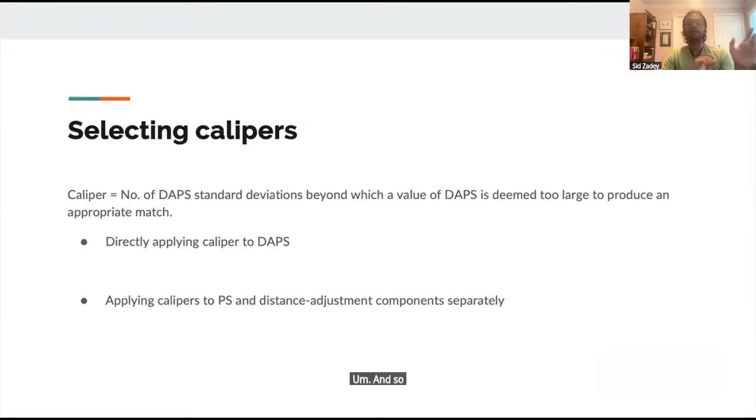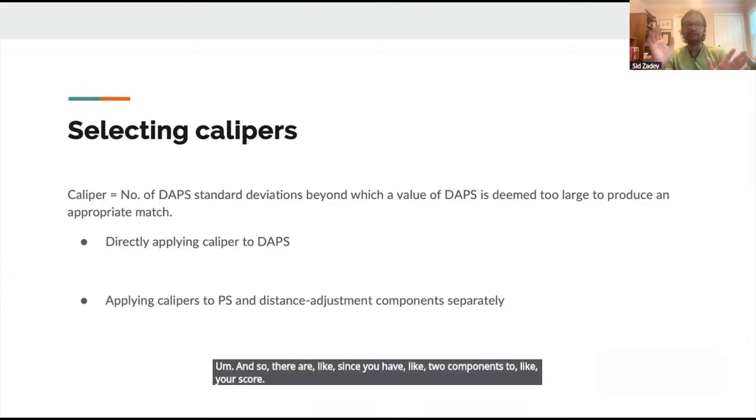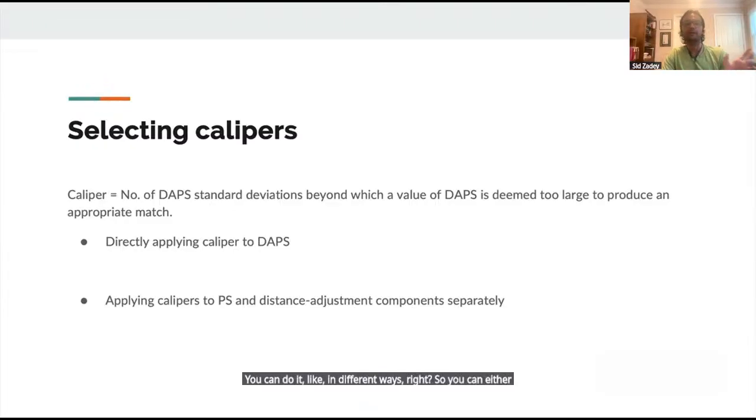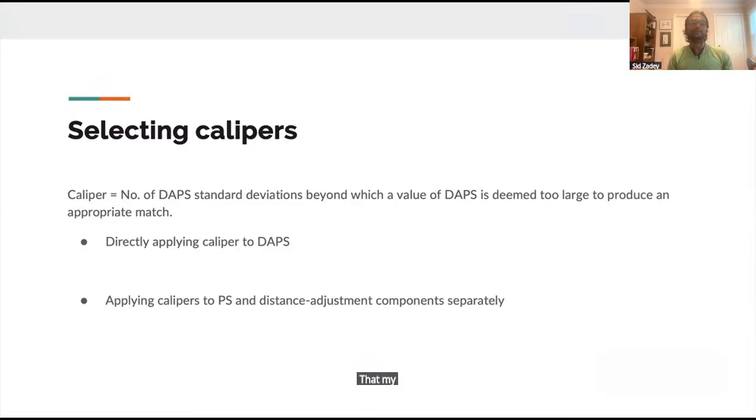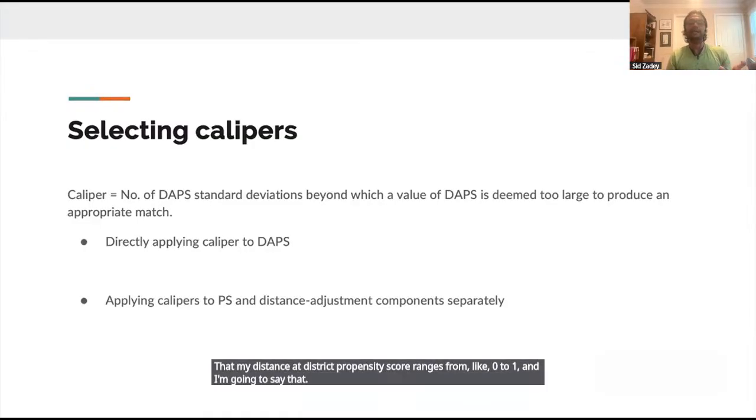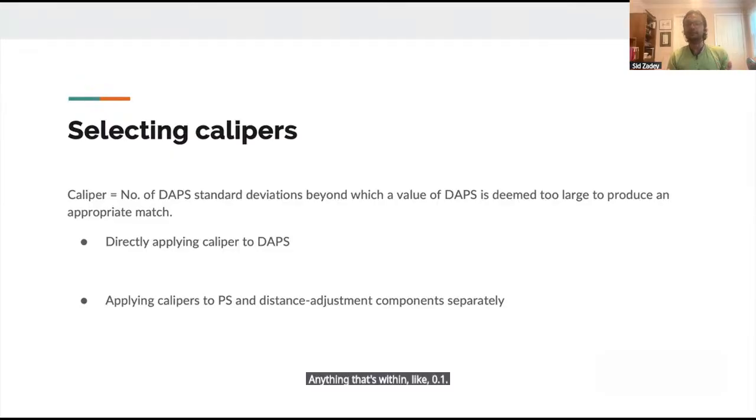And since you have two components to your score, you can do it in different ways, right? You can either have a caliper threshold defined for the entire score, or you can have calipers specifically for the propensity score, and then a caliper separately for the distance adjustment. So what this means is that you can either say that my distance adjusted propensity score ranges from 0 to 1, and I'm going to say that anything that's within 0.1 is similar.